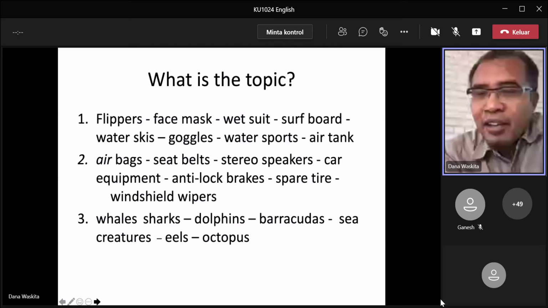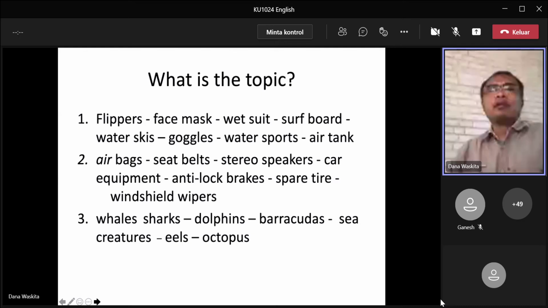And I believe you can find the topic of number two. What do you think of this one? Car equipment, because car equipment is more general, right?